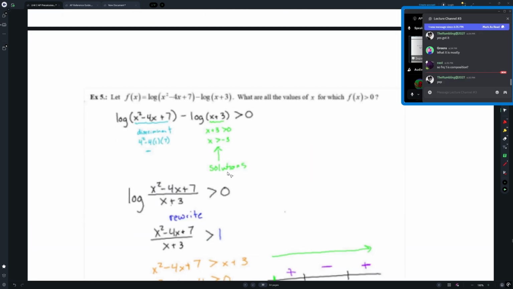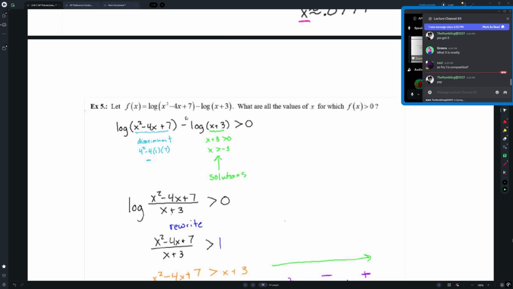So let me continue. The next question is an example of how to solve an inequality. This is the hard one, I would say, for sure.